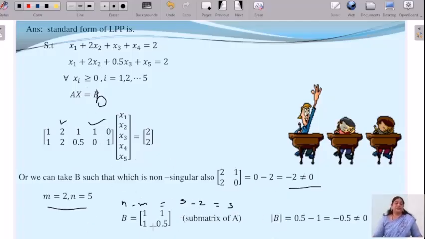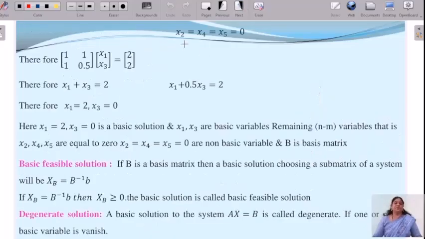We can consider another one also. See the submatrix, another submatrix 1, 1 and 1, 5, meaning x1 and x3. This is also a non-singular matrix. Therefore we set x2, x4 and x5 equal to 0, 3 variables, and consider these equations.